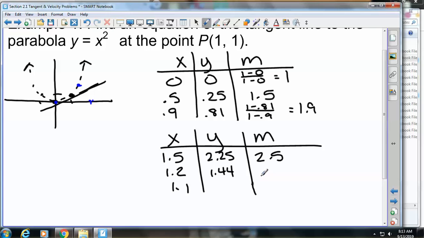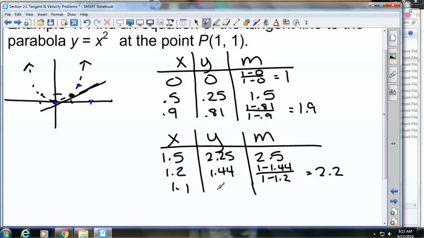Kate and Ethan, what did you get there? Is it 1 minus 1.44? Yeah, you can do it that way. So, and then you would have to do over 1 minus 1.2. 2.2?